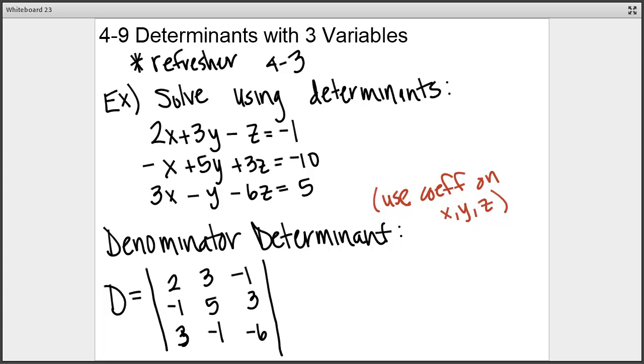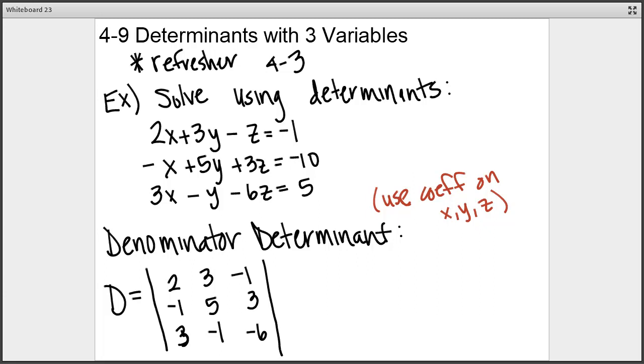Okay, so what you are going to do now is this. So here's the denominator determinant. If you remember the determinants before, we would have a 2 by 2 and we would multiply down the diagonals and then subtract multiplying down the other diagonals. But here's what's going to happen now.